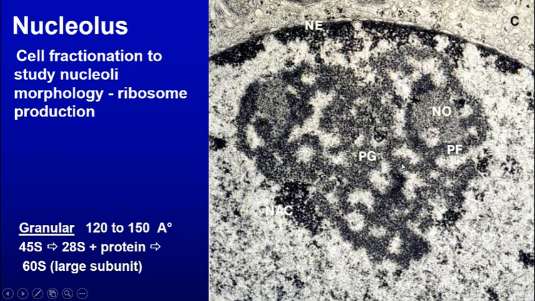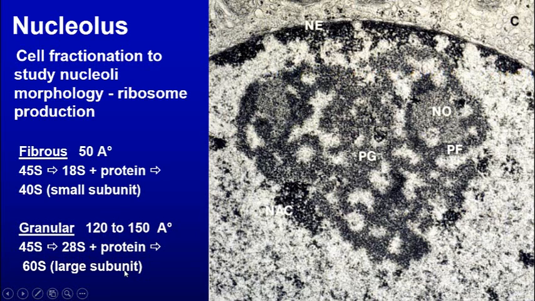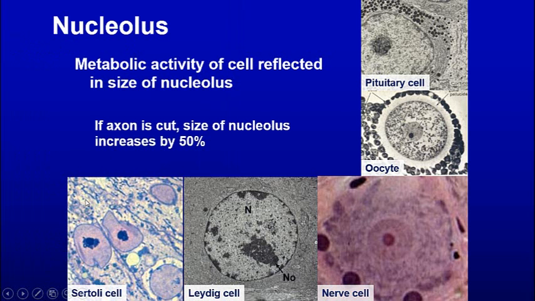The granular portion is 120 to 150 angstroms. It's the 45S, which is the 28S plus protein equal to 60S, a large subunit of the ribosome. The fibrous component is about 50 nanometers smaller, and it's the 45S plus 18S, not 28S. 18S plus protein is a 40S, the smaller subunit of the ribosomes.